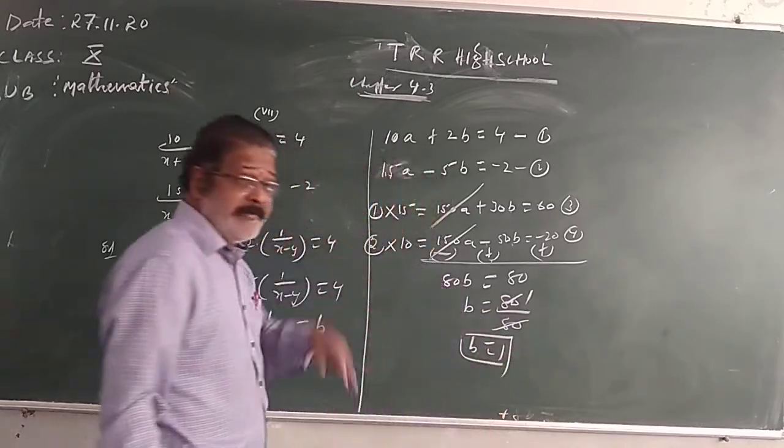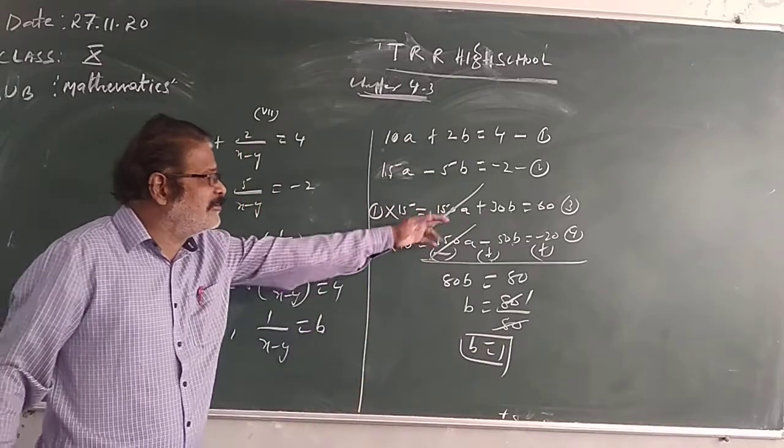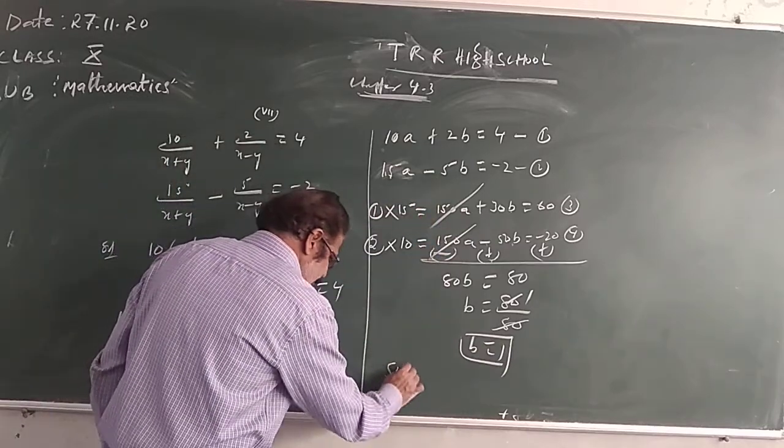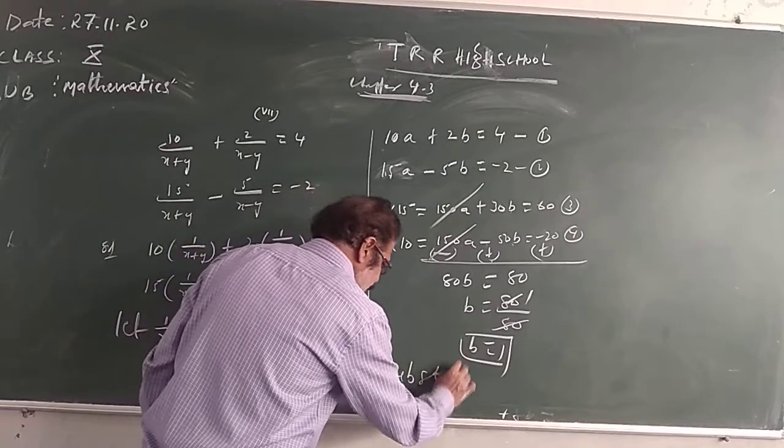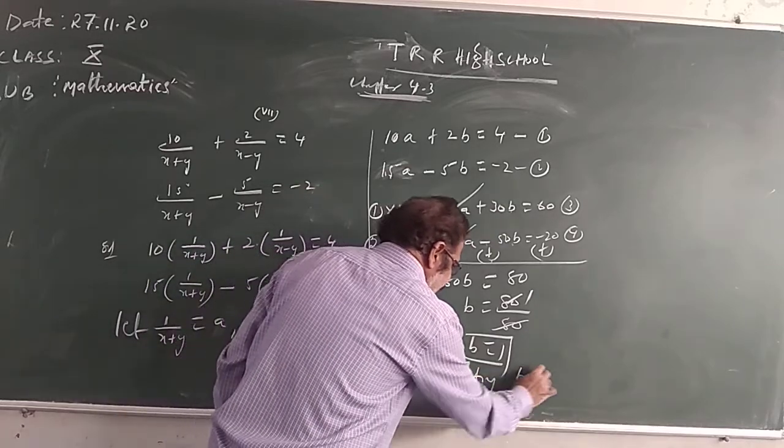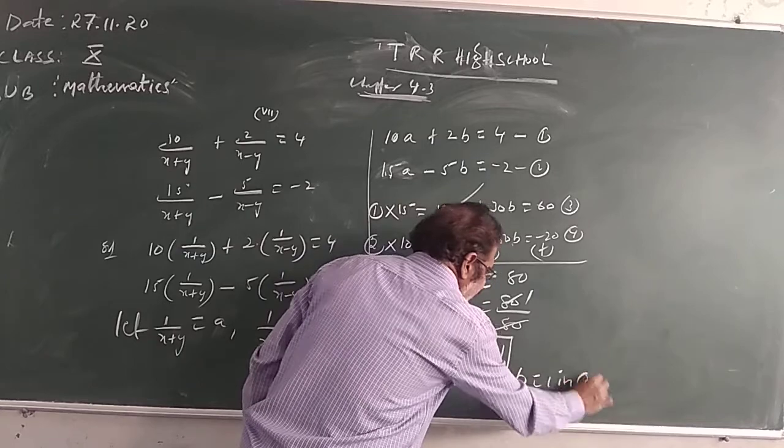Now to get the a value, substitute the b value in either the third equation or the fourth equation. Substituting b is equal to 1. Remember this.